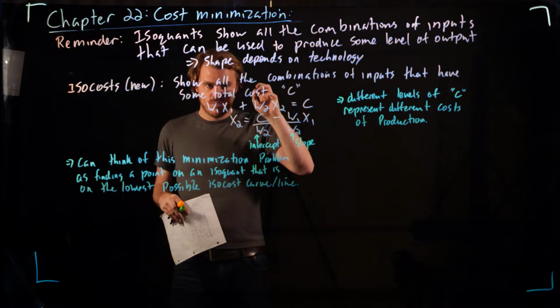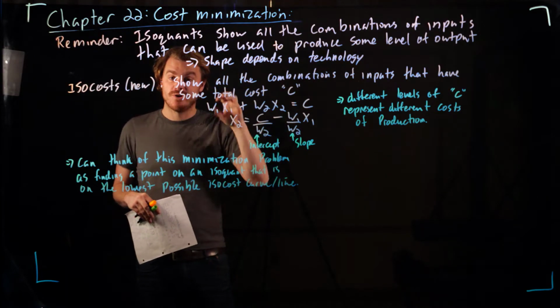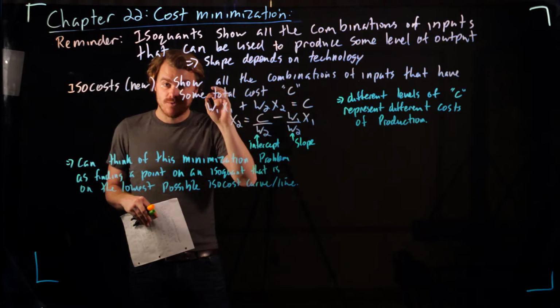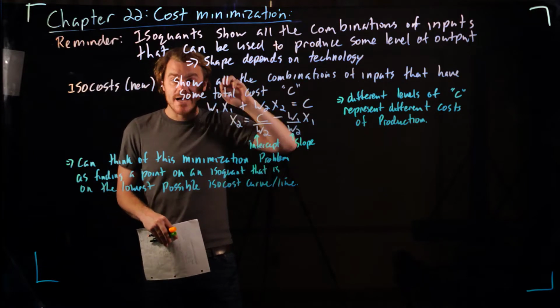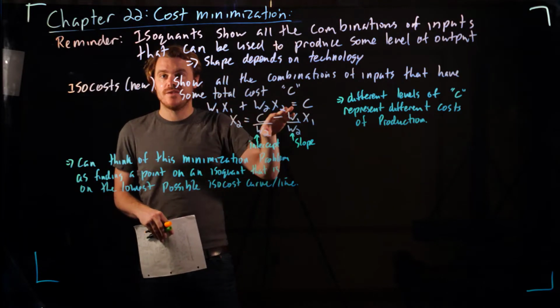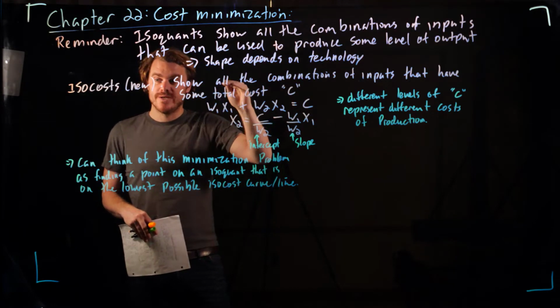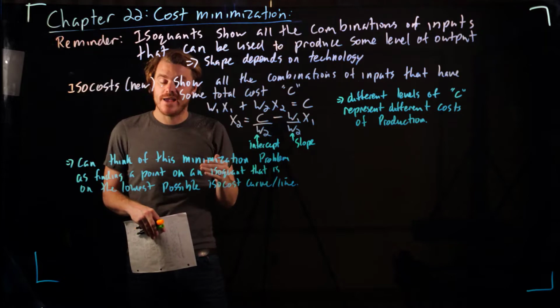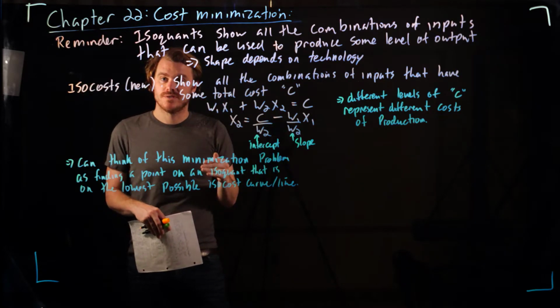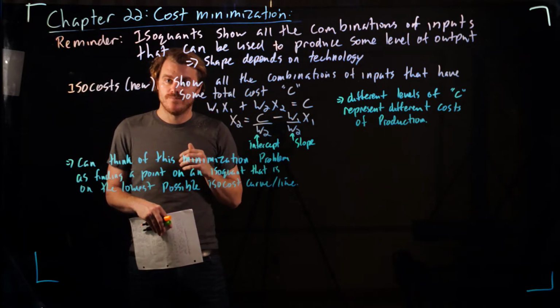We want to minimize the cost of producing Y units. So we take the isoquant that represents those Y units, and we want to get on the lowest possible isocost line that allows us to produce that level of output.